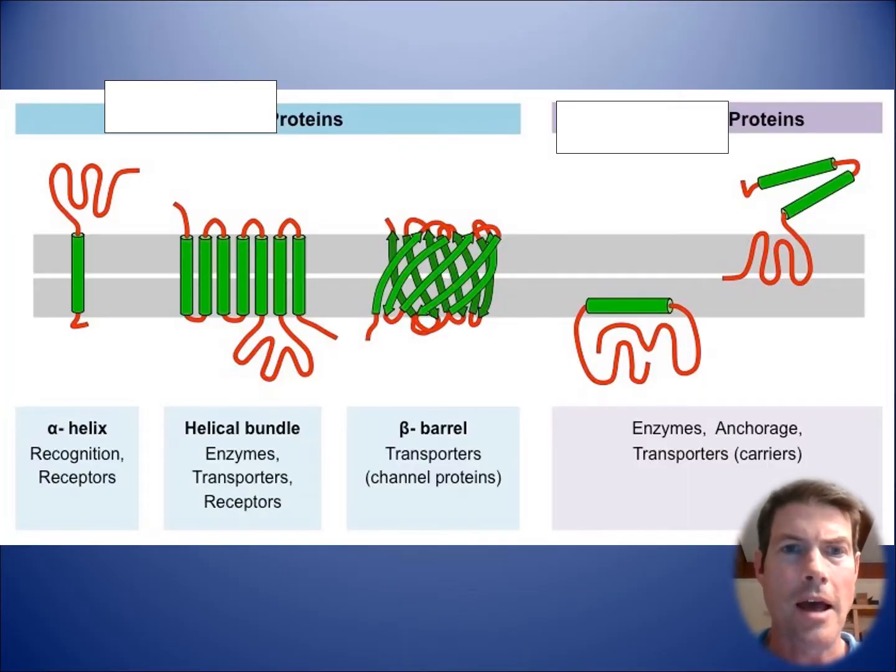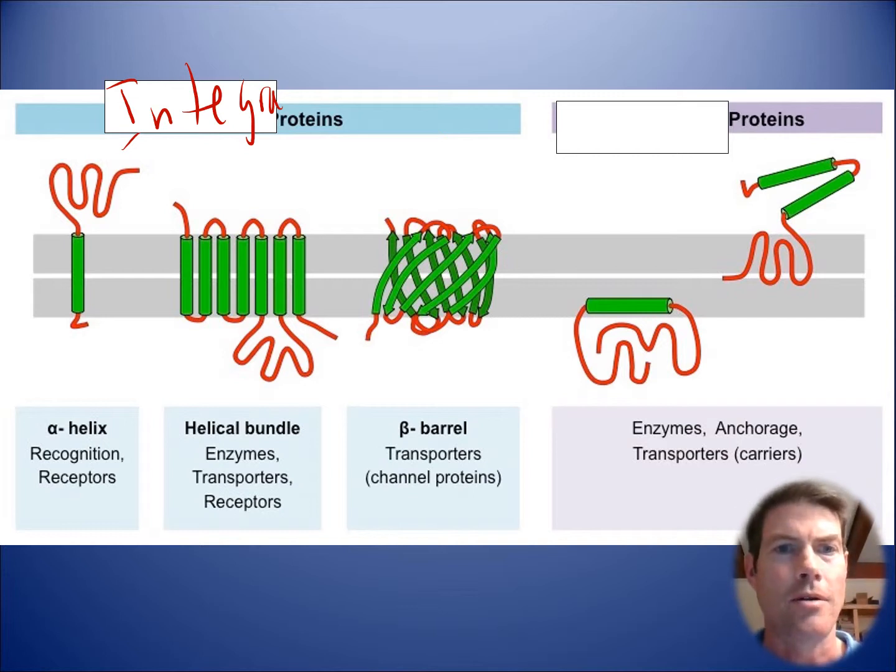Here, another really, I think, pretty cool example or graphic of integral proteins. You can see here's the two layers, and these proteins going all the way through one side to the other. A recognition receptor, and this thing called a helical bundle for enzymes. A beta barrel. Check this out.